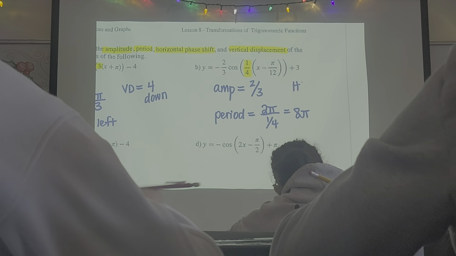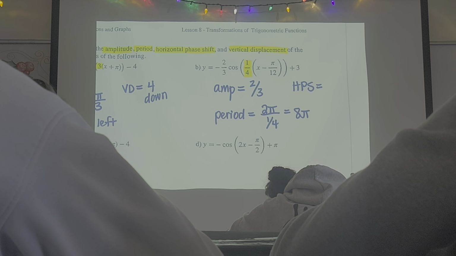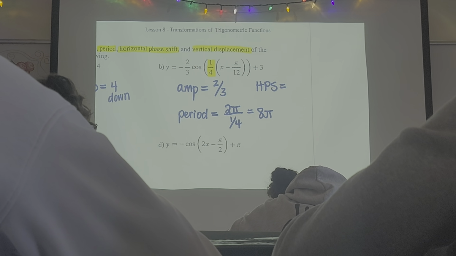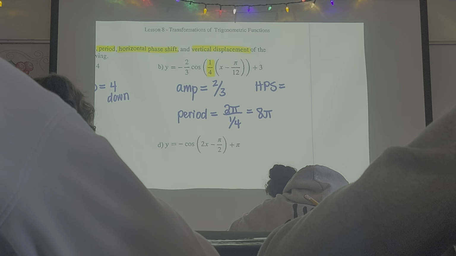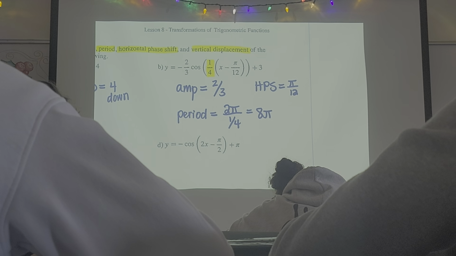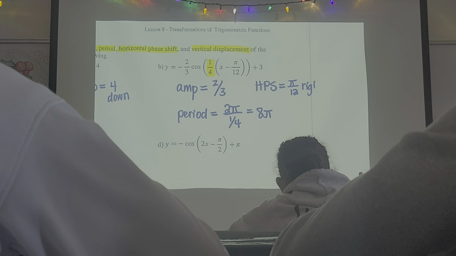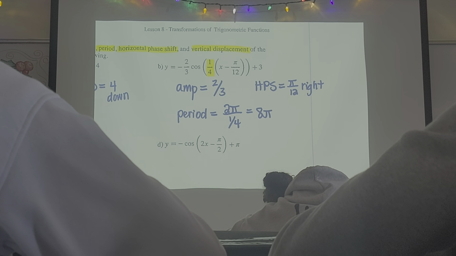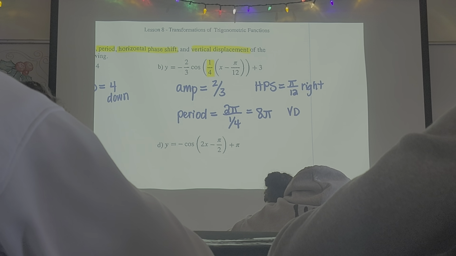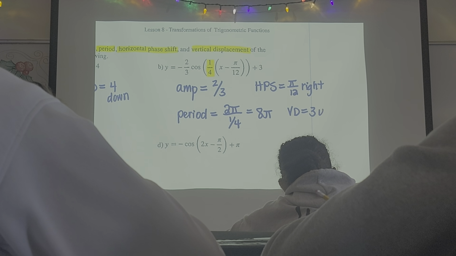Phase shift, horizontal phase shift: x minus pi over 12, so pi over 12 to the right. And displacement, 3 units up.